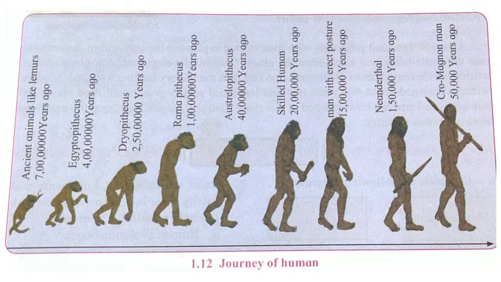The first human-like animal with erect posture, using their hands, evolved about 2 crore years ago. The first record of a human-like animal is Ramapithecus ape from East Africa. Afterwards, the ape grew in size and became more intelligent, and the ape of South Africa evolved about 40 lakh years ago.